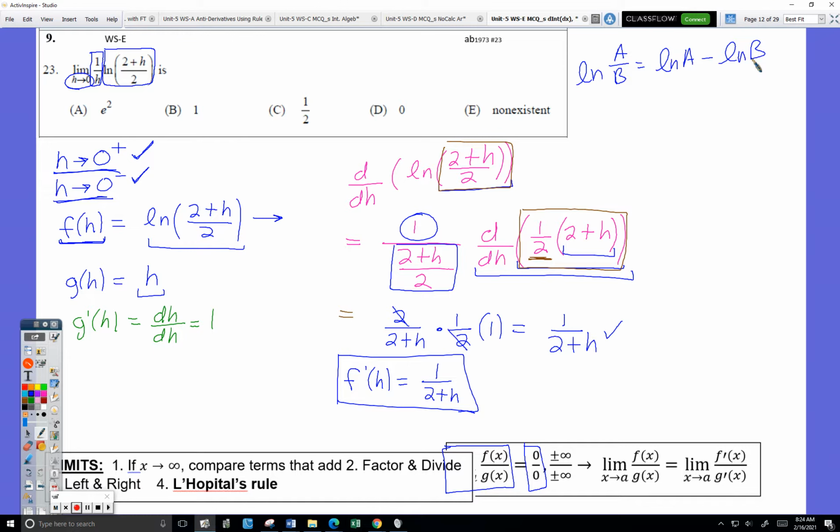So I have f prime, I have g prime. So I create a new limit problem. I need to find the limit as h approaches 0 of my f prime divided by my g prime.